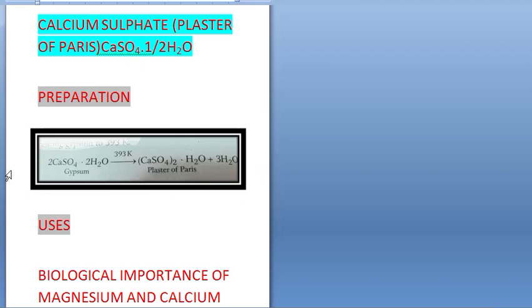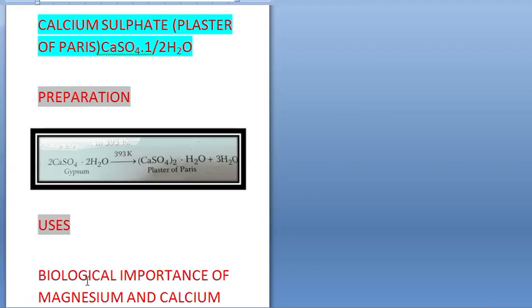This is gypsum, CaSO4.2H2O. When it is heated, it gives you (CaSO4)2.H2O. It is also known as burnt plaster. It has the remarkable property of setting with water, and it forms a plastic mass which sets into a hard mass within 5 to 15 minutes on mixing with water.